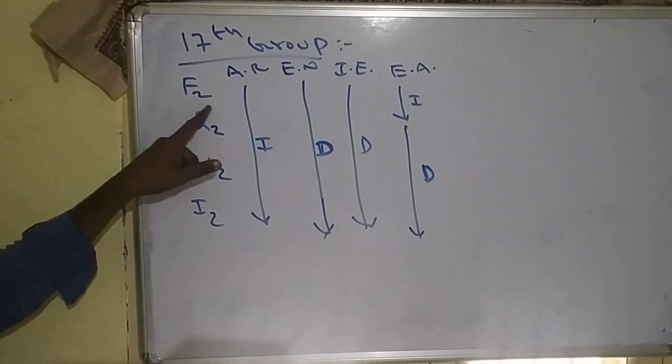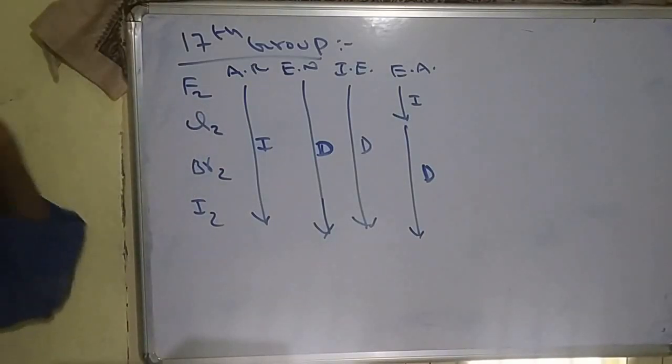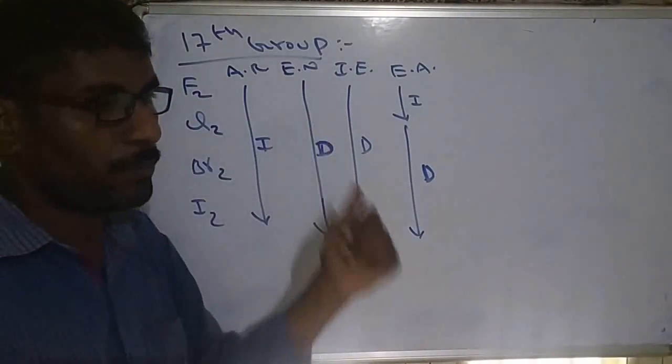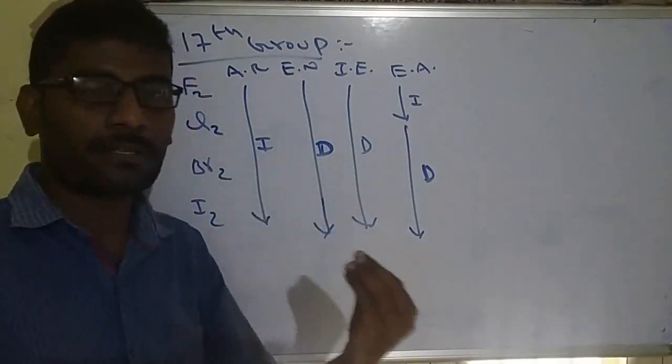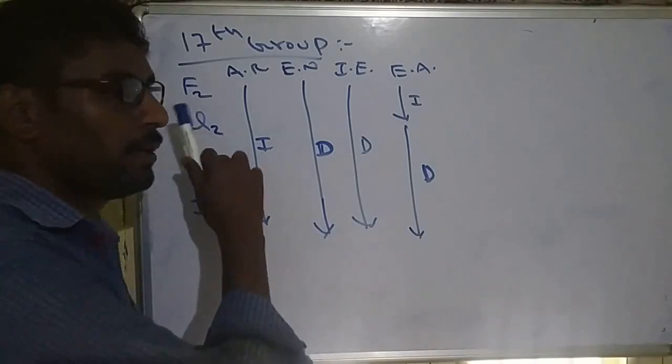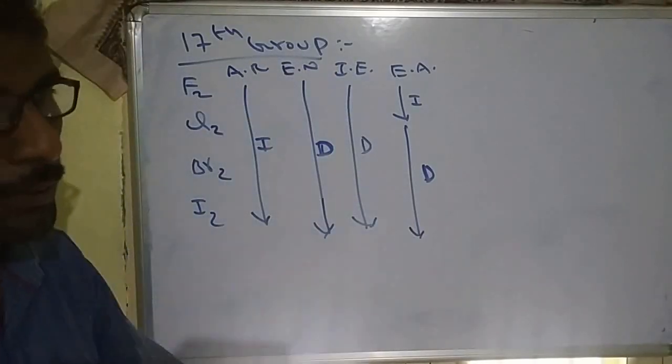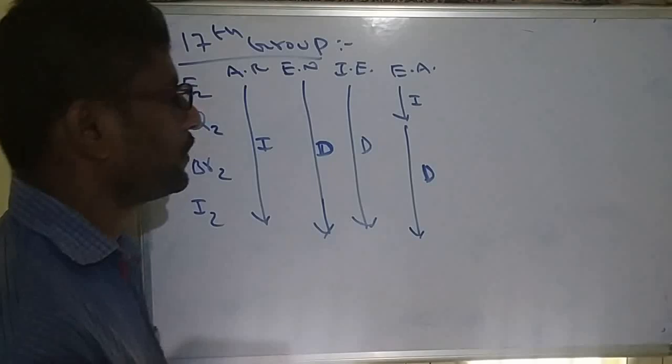So chlorine will have the highest electron affinity, and next fluorine will come. Electron affinity is most important. In 15, 16, 17, as I have told a number of times, the second element will be greater than the first element due to the small size of the first element.